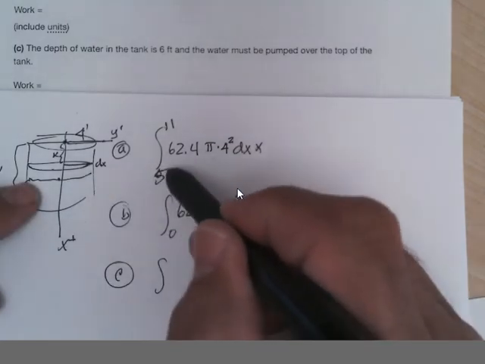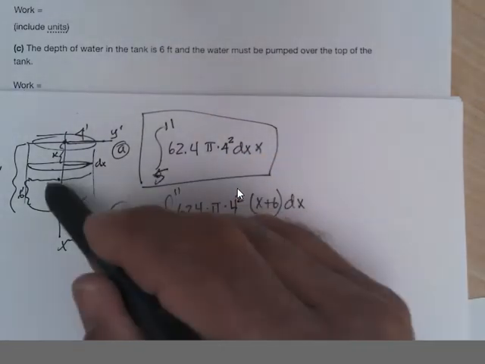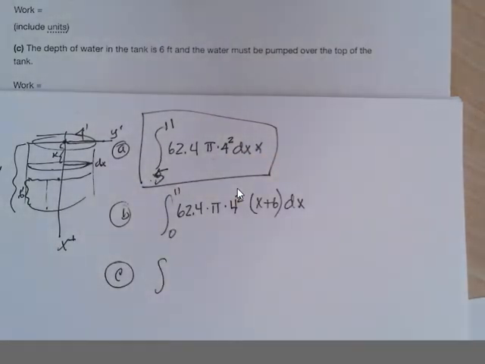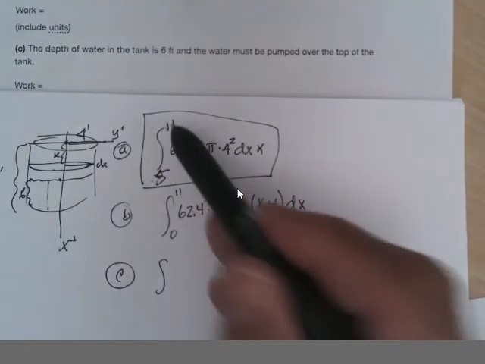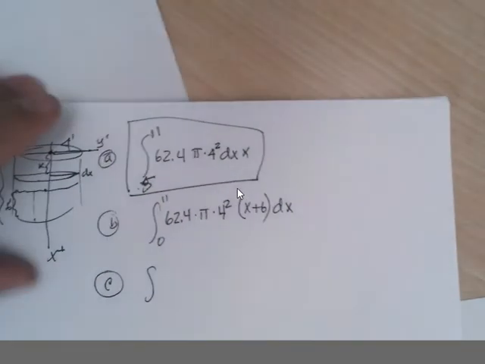So we just change this to 5, and there's the formula for the work for pumping the bottom 6 feet out of the tank. 5 to 11, 6 feet of it. Okay? That's number 4.